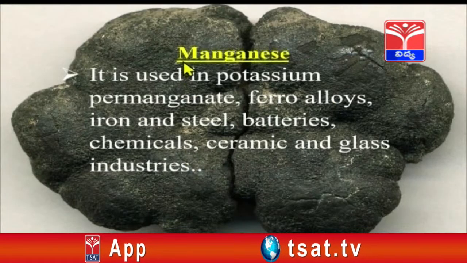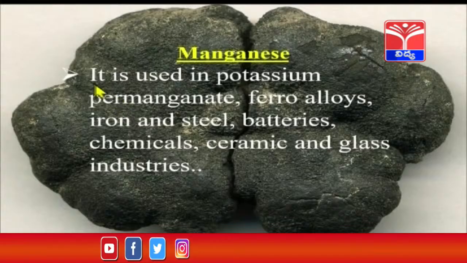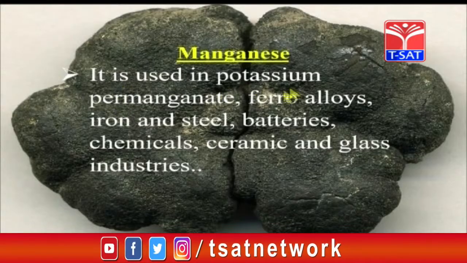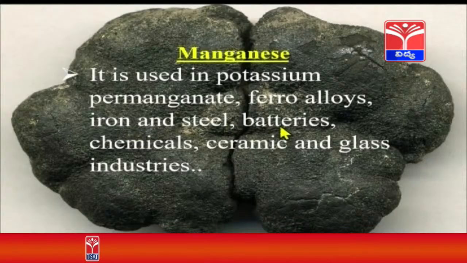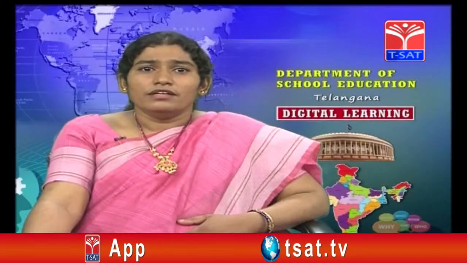Children, now let us study about manganese. You can see the picture of manganese here. Yes. It is used in potassium permanganate, ferroalloys, iron and steel, batteries, chemicals, ceramic and glass industries. Children, now let us study about barytes.